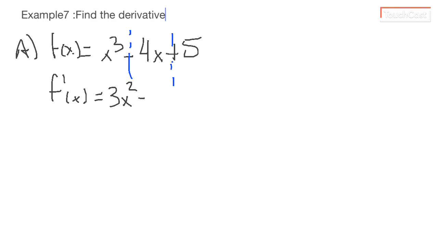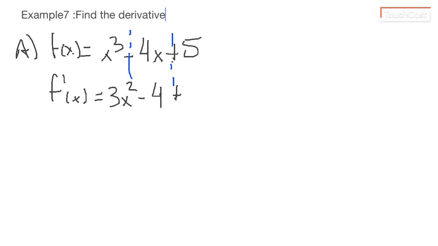We're going to look at the derivative of 4x. We can look at that as a constant multiple rule, where we take 4 and multiply it by the derivative of x. Well, the derivative of x is just 1, so it's 4 times 1. So it's just going to be 4. We can bring that plus through, and from our first video in this basic differentiation rules, 5 is a constant function.